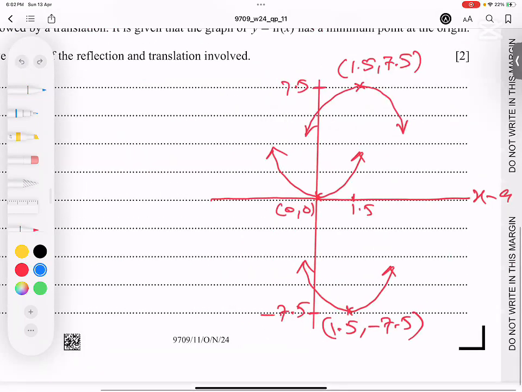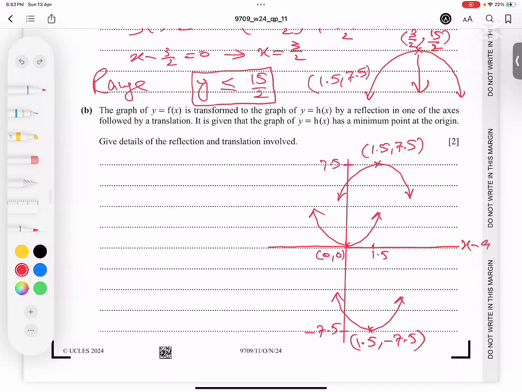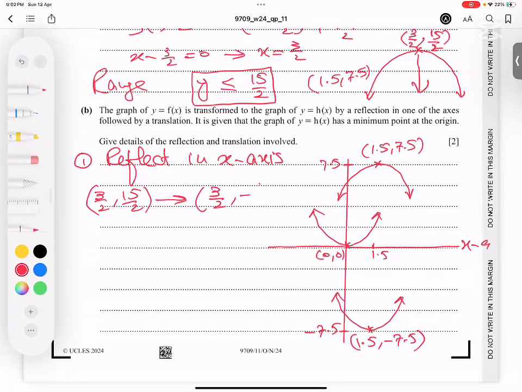So it means first of all, I will say that number one, reflect in x-axis. So coordinate 3 by 2, comma 15 by 2 will turn to be naturally 3 by 2 and negative 15 by 2. Okay, this is very clear.